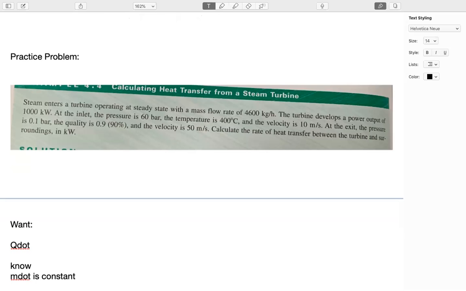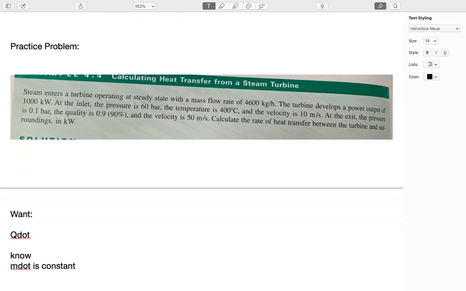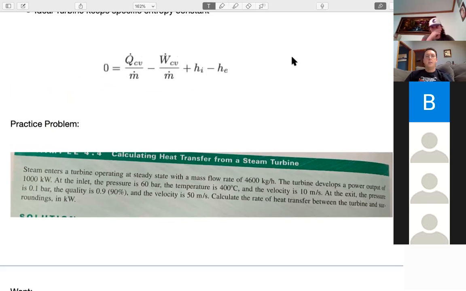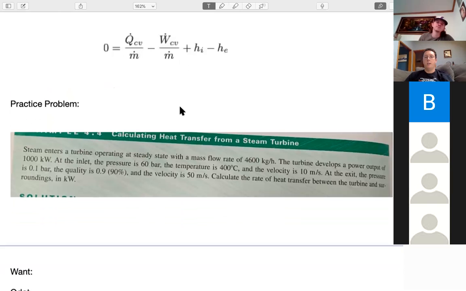We also know that, let's see, what else do they tell us? It's constant and it's given. We know power output. What quantity is that? So in this equation, what does power output mean? What symbol, what expression is power out?